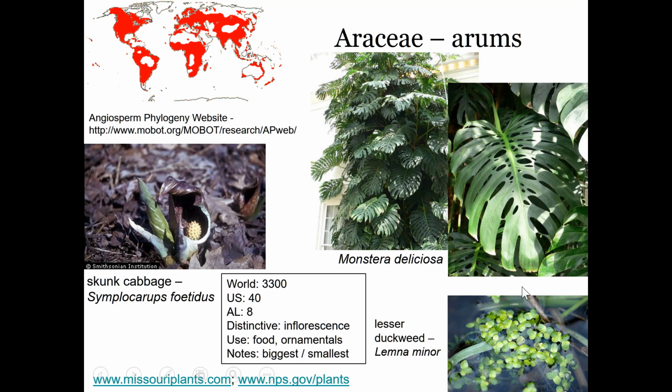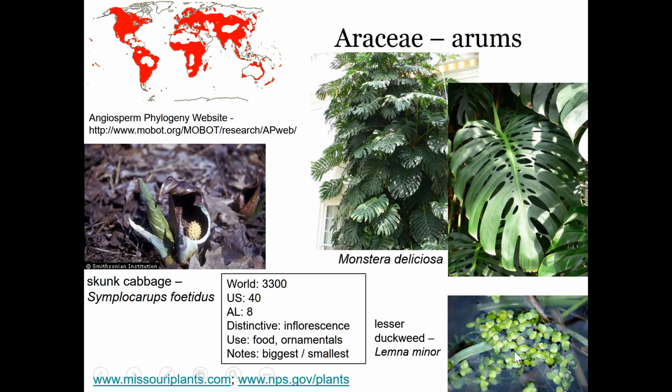This family ranges from very large plants that are very viney, like Monstera deliciosa, and the deliciosa signifies that it's actually edible. It includes some small herbaceous plants like the skunk cabbage. That's the one that can melt snow because it warms up in the wintertime.